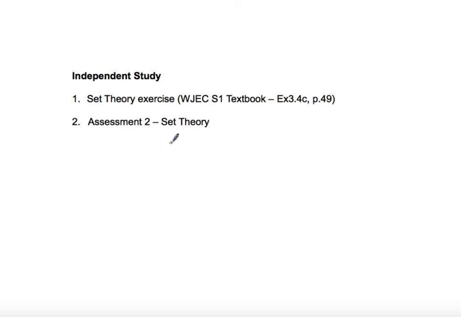Make sure that you've worked on enough of the set theory exercise to be confident before trying out assessment 2. Just doing assessment 2 won't be enough practice. You need to really get to grips with the ideas, and then do assessment 2. And then next Friday, which is going to be the 22nd of January, I will go through this with you.